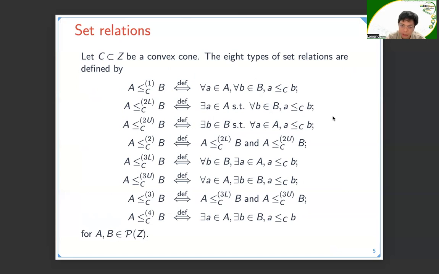The others are interplay of the quantifiers of A and B. So the weakest type of set relation is type 4. That is, A is inferior to B if and only if there exists at least one element in A such that it is inferior to at least one element in B.